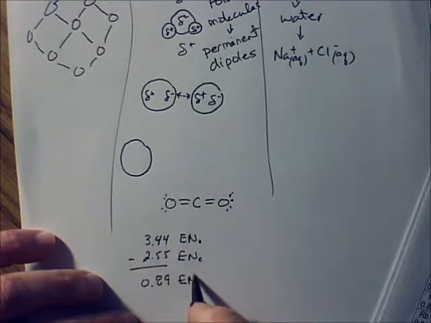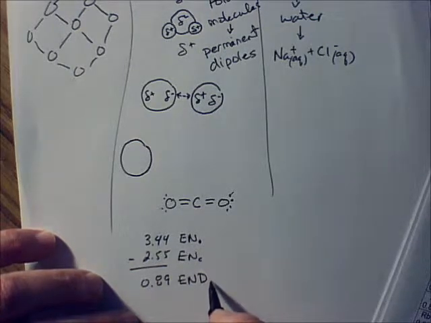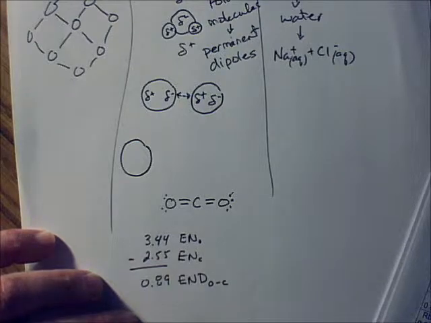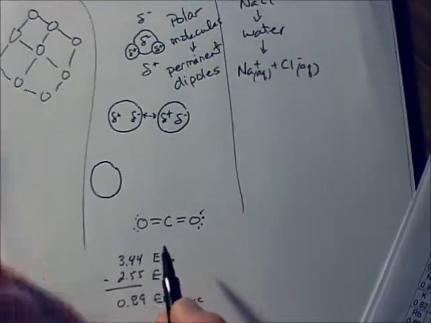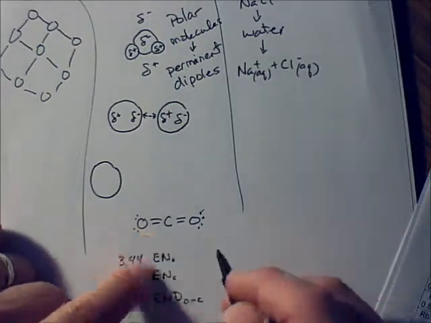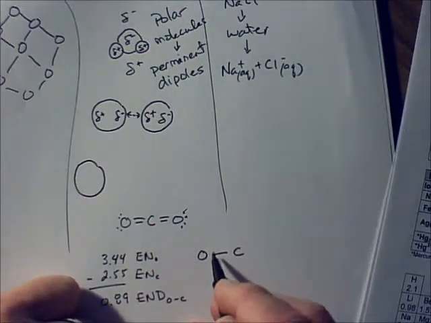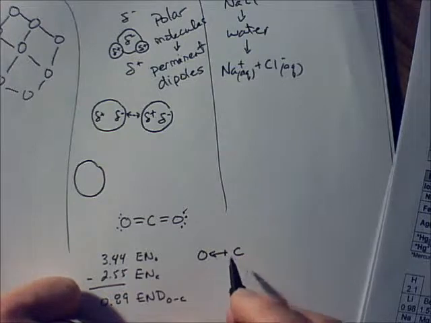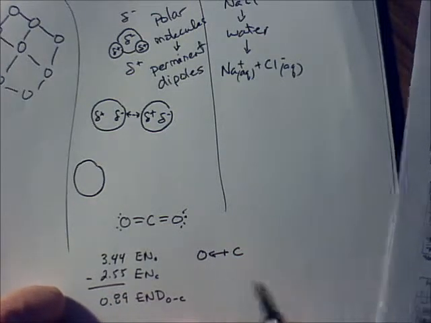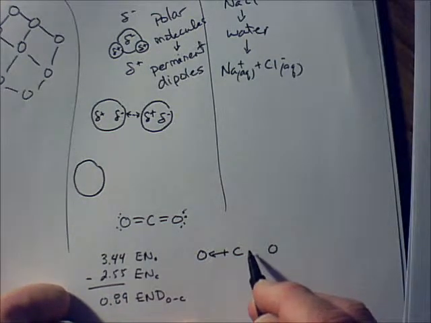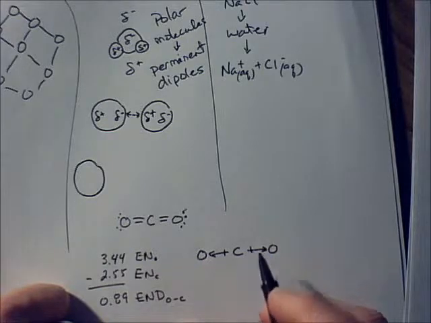That's the electronegativity difference for a bond between oxygen and carbon. So the bond between oxygen and carbon is polar, so it tends to go in that direction. And then this bond is also polar, so it goes in that direction.